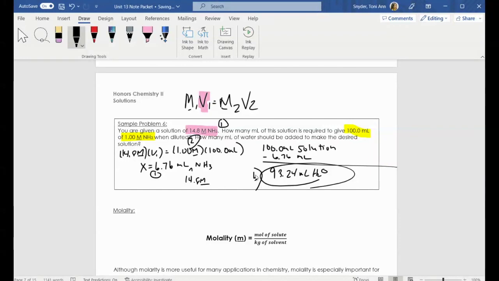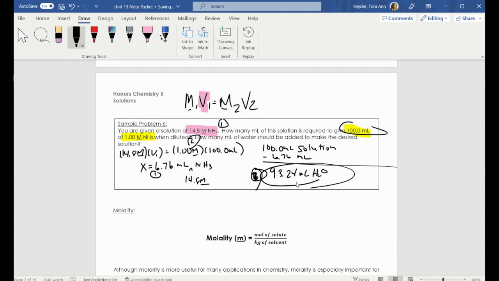Okay, so this is 2 rather, not B. So I would need to add 6.76 milliliters of the more concentrated solution to about 93.24 milliliters of water to give me 100 milliliters of the less concentrated solution.